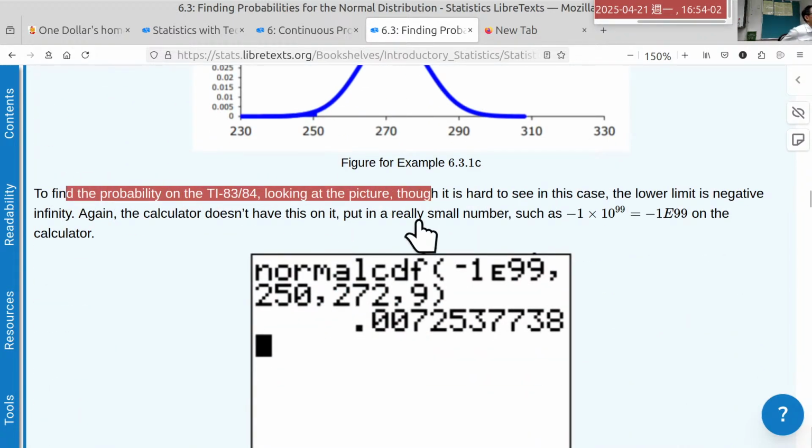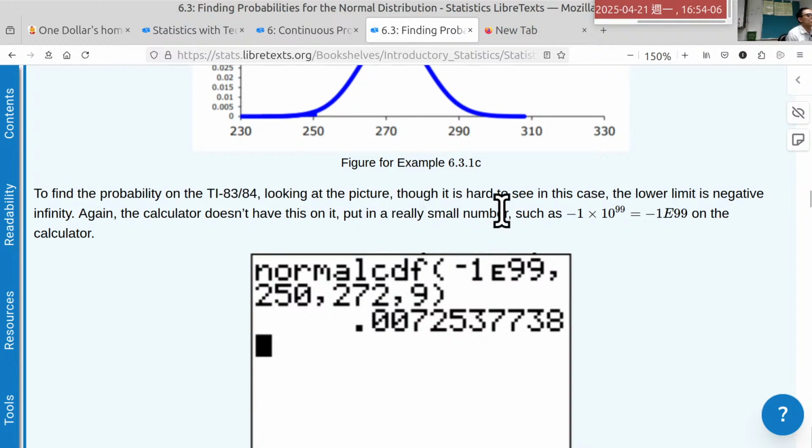Looking at the picture, though it is hard to see in this case, the lower limit is negative infinity. Again, the calculator does not have this on it. Put in a really small number, such as -1 times 10 to the power of 99, and the expression is -1e99.